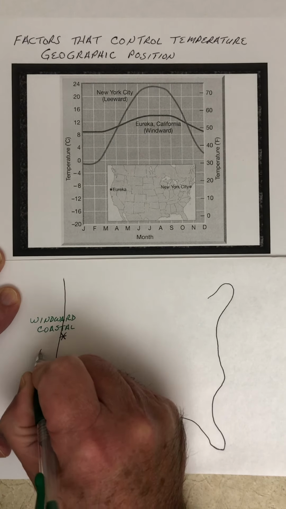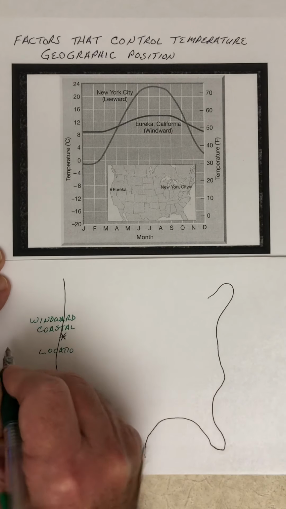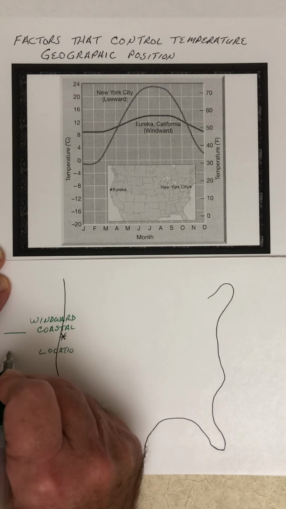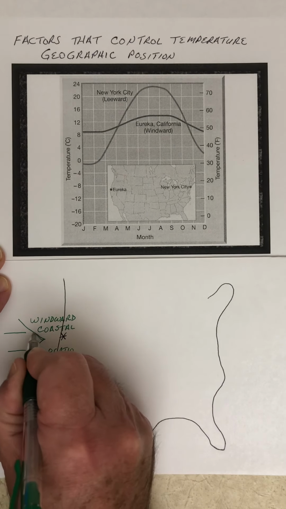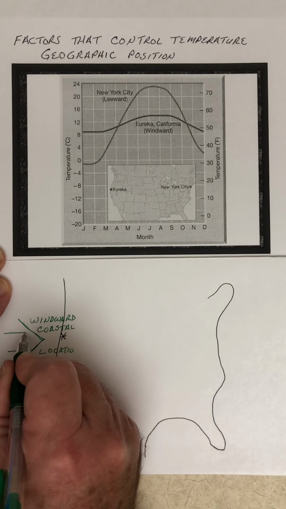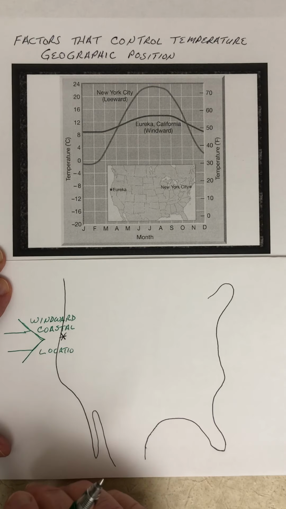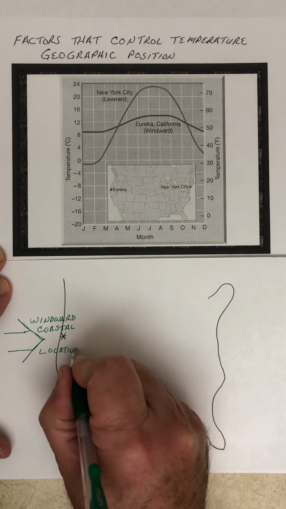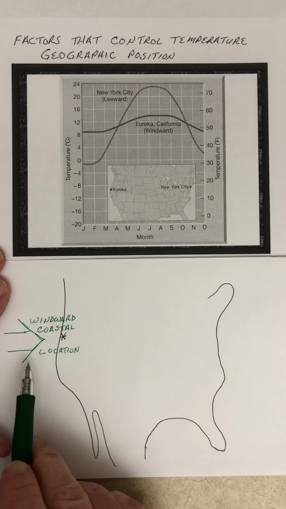And with these windward coastal locations, the wind is coming off of the ocean. And so as a result, we have the air blowing over, in this case, the Pacific Ocean.